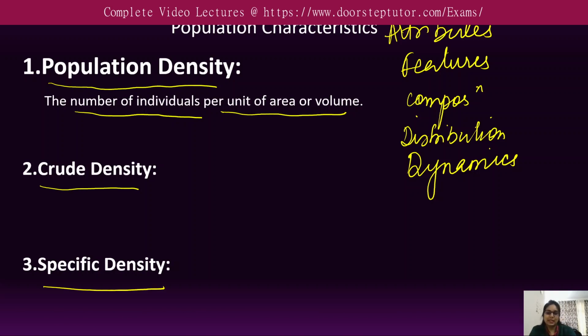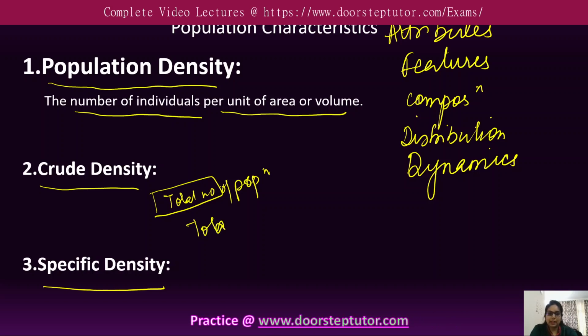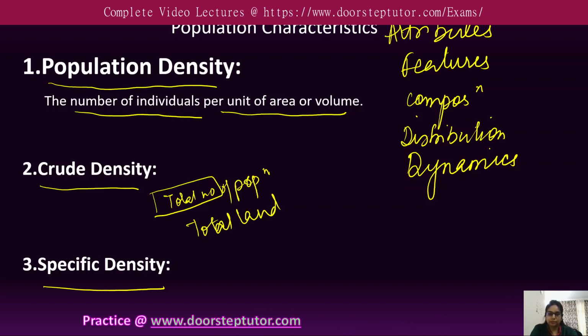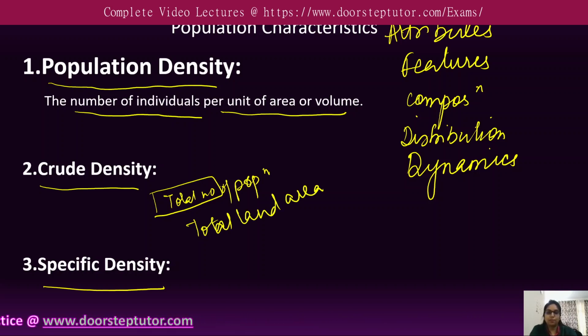The crude density is a basic measure of population density, calculated as the total population size, the total number of individuals present, divided by the total land area of the particular region.